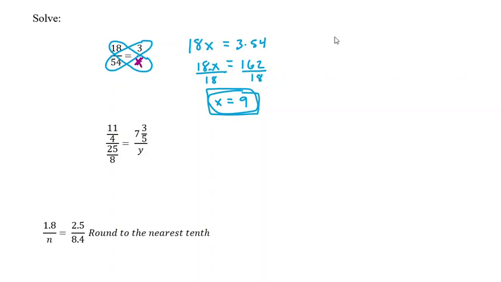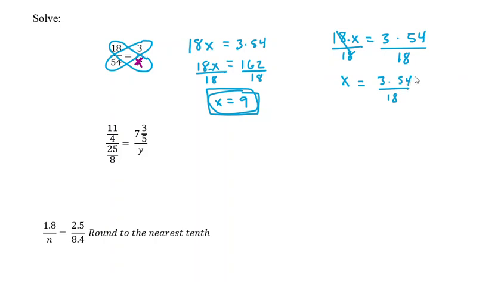Here's how I would do it if I don't have a calculator, if I want to be clever, or I want to do it without taking the trouble to pull out my calculator. I would say, well, let's see, 18 times x equals 3 times 54, and then I'm going to divide by 18, and x equals 3 times 54 divided by 18.